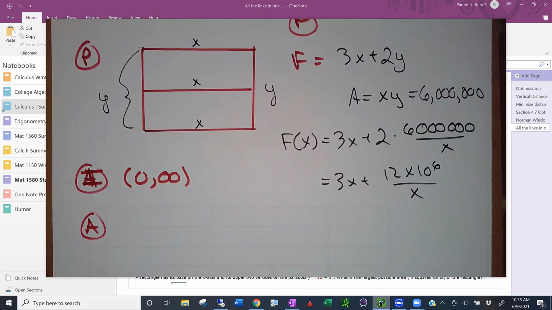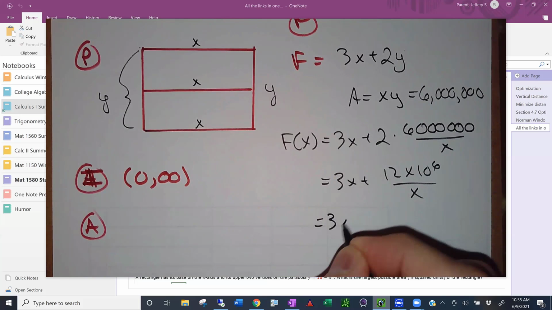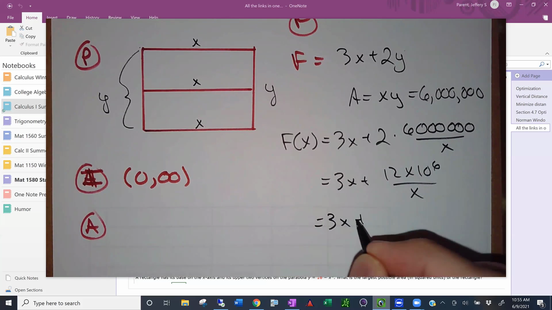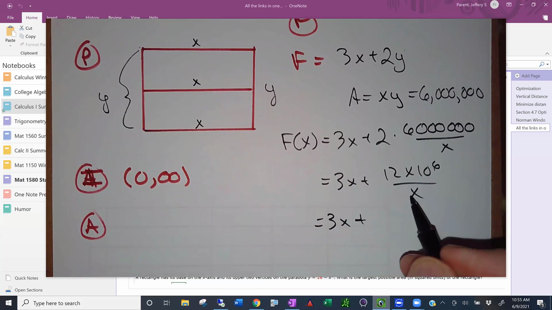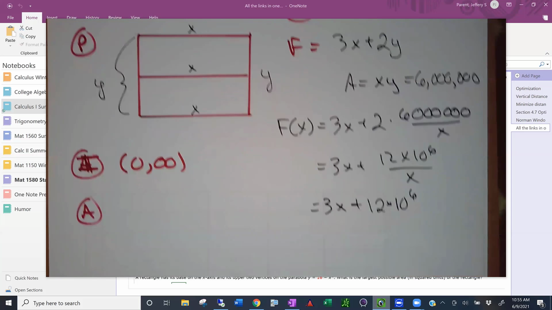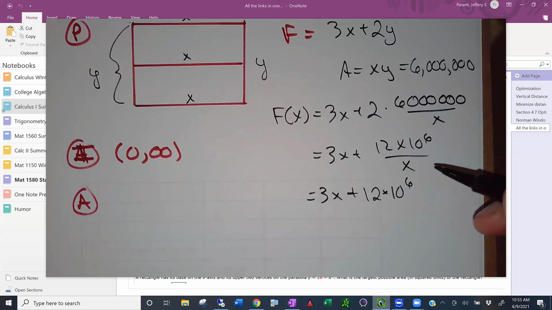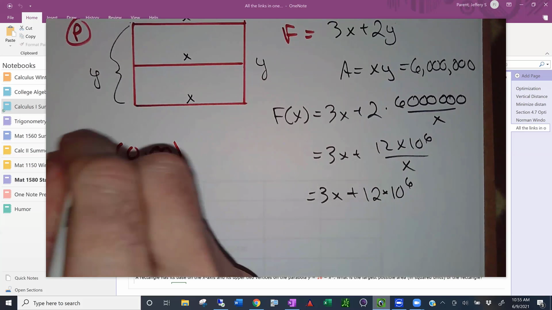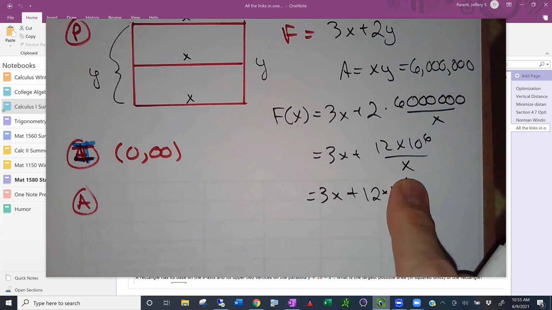Now, as far as the analysis is concerned, I might rewrite this if I were you. This is just my fancy way of writing 12 million: 12 times 10 to the 6. But what's coming up next in the analysis stage? What have we always done at this point? First derivative. Can anyone see anything that would make this easier to differentiate? Unless you really are a big fan of the quotient rule, then go ahead.